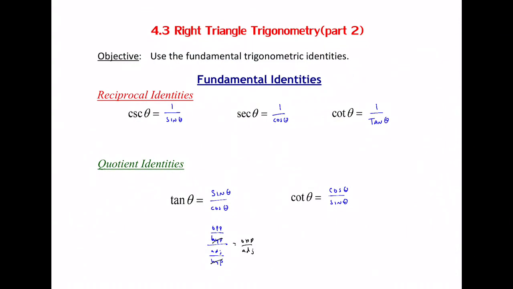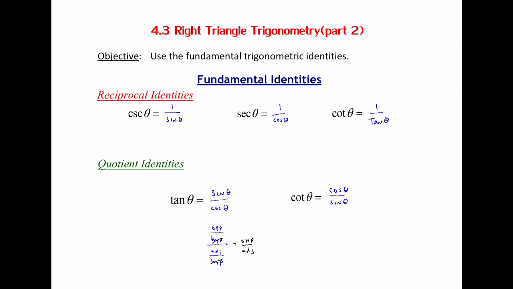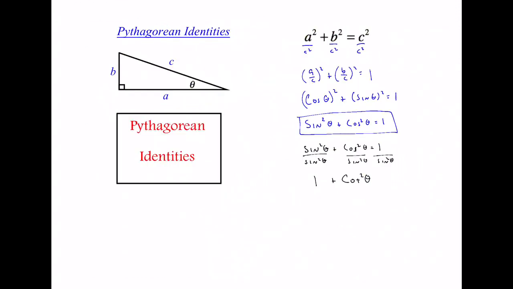Cosine divided by sine is your cotangent. So that's 1 plus cotangent squared of theta. And then 1 divided by sine squared is one of your reciprocals. So sine squared is the cosecant. So that's 1 plus cotangent squared of theta is equal to cosecant squared of theta.